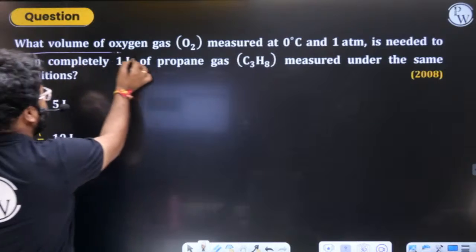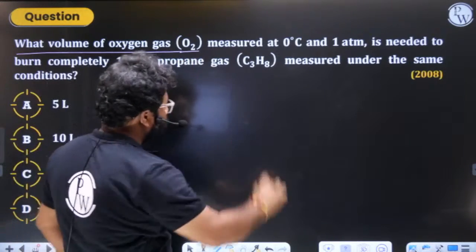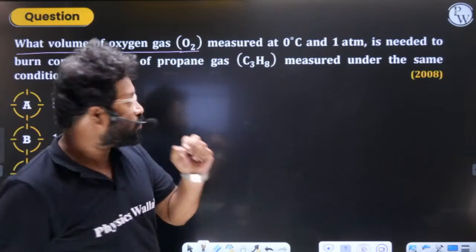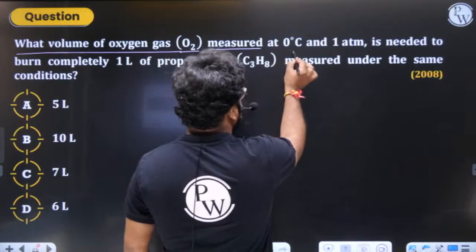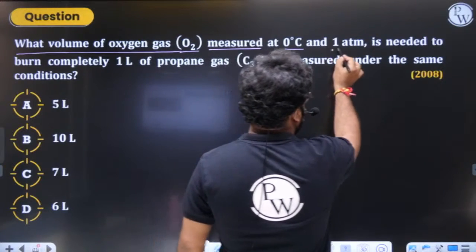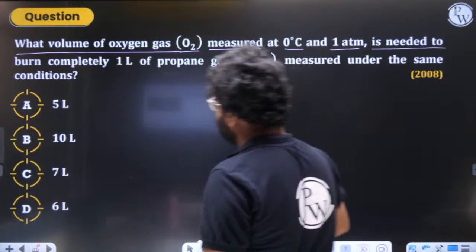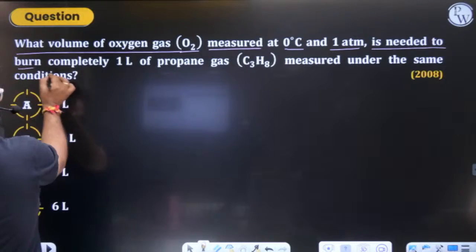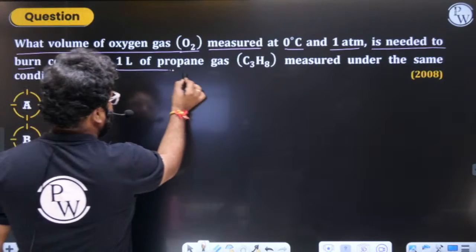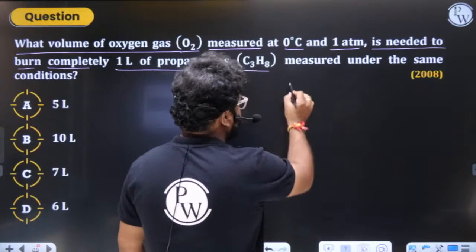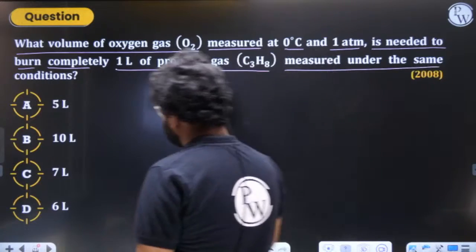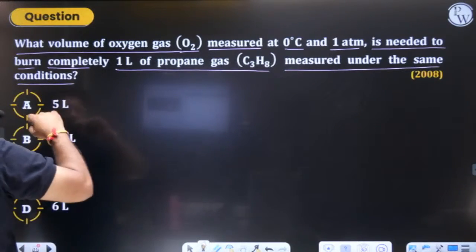What volume of oxygen gas O2, measured at 0 degrees Celsius and 1 atm, is needed to burn completely 1 liter of propane gas C3H8 measured under the same conditions?